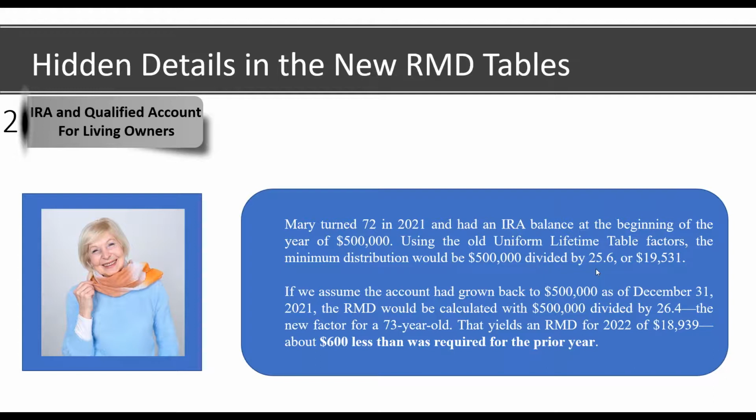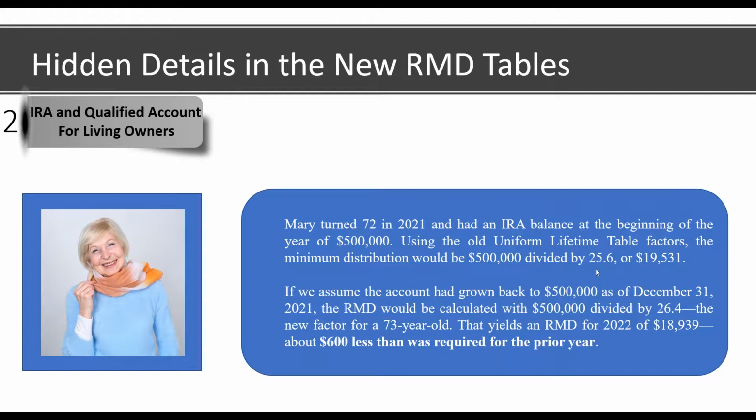So the observation for those who are on this call, if you weren't already aware of it, is it is quite possible, even quite likely, that for many clients who have been taking minimum distributions from their qualified accounts, their RMD for 2022 is going to be less than it was for 2021. Not for everybody, but for a lot of people, because of the more generous life expectancy factors in the new table.